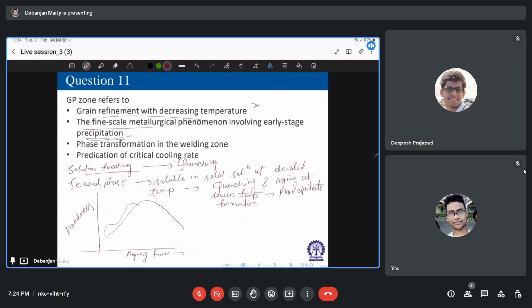So this is your GP zone where the early precipitate formation will be there, and then theta double prime, theta prime precipitates over here, and here you have the theta precipitate, which is the Al2Cu. The maximum hardness occurs when the amount of theta double prime, or GP2, is at maximum.